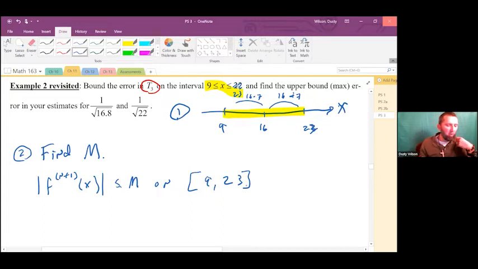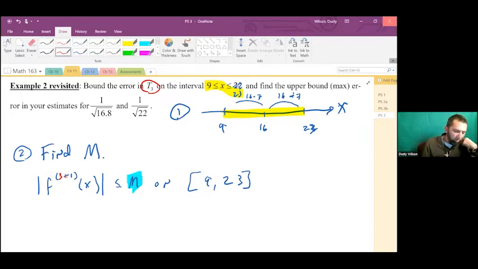And so this will help us find that big M. So how are we going to do that? Well, in our case, the n is going to be 3. So we need the 4th derivative of f, and we've already taken our 4th derivative.